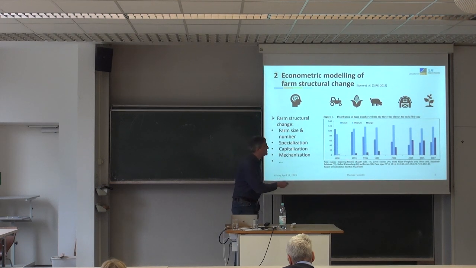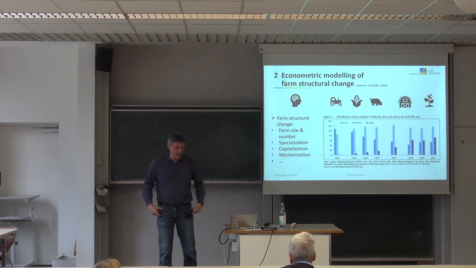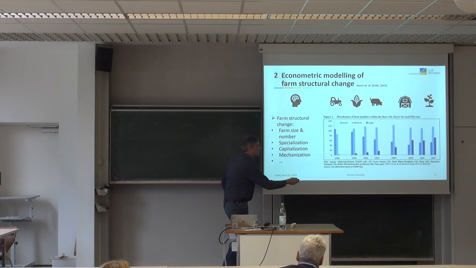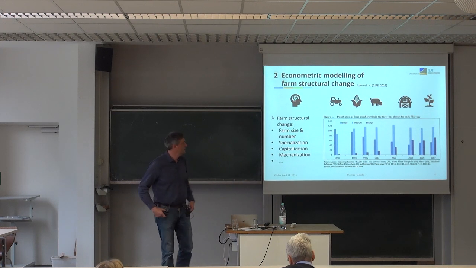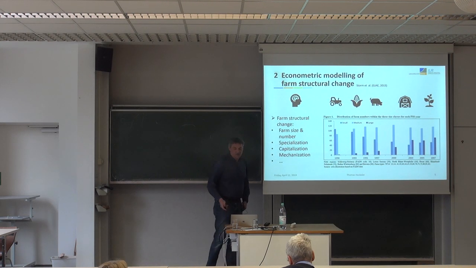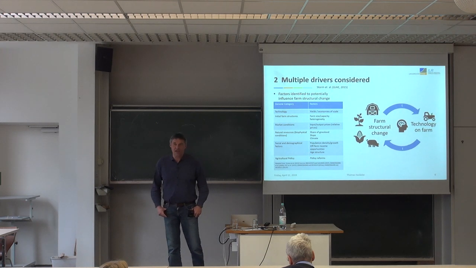Here we have 3 size classes of farms in Germany based on census data, where we see that over time, from 1990 to 2007, we have an increase in the large farm size, a decrease in the small farm size, and the middle relatively stable. So we ask, what drives such farm structural change?